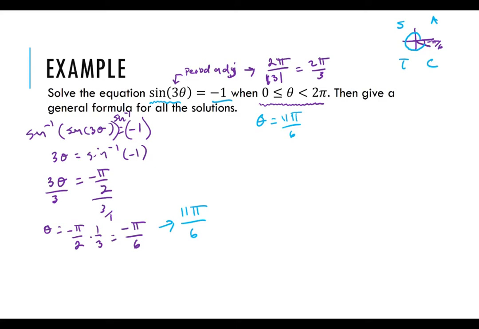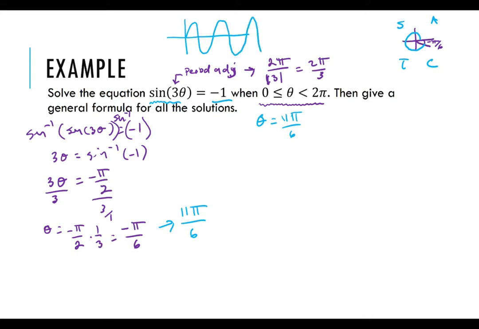But we need to deal with all of the other locations where sine of 3 theta is going to give us negative 1 for all our other thetas. How can you find that? Well, if we recall that all of our trig functions are periodic, sine of 3 theta equaling negative 1 is really the idea that sine of 3 theta, which I claim is just a sine function with a period adjustment, looks like this.